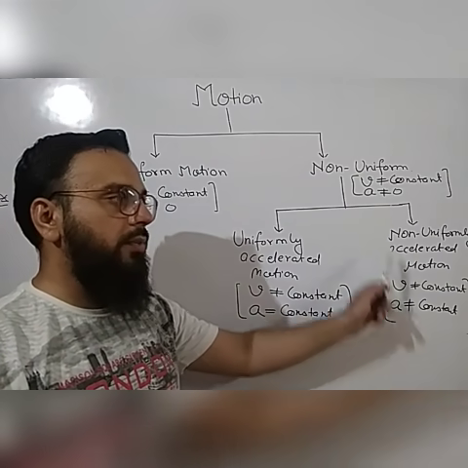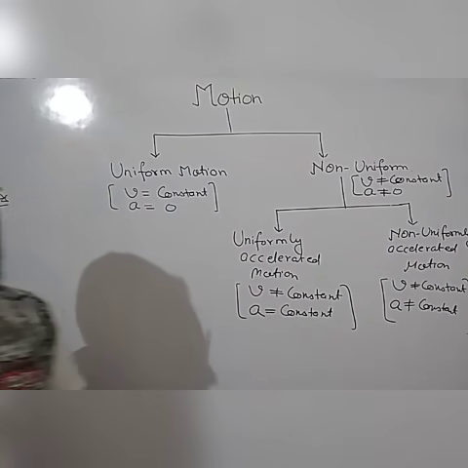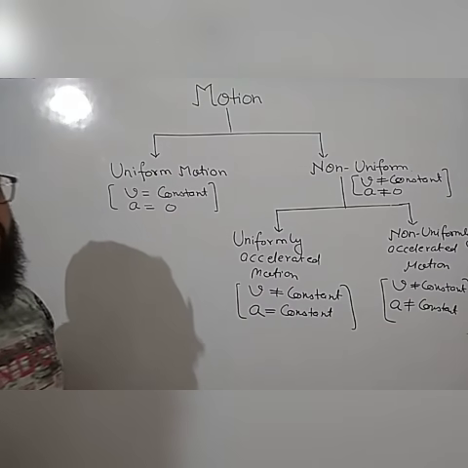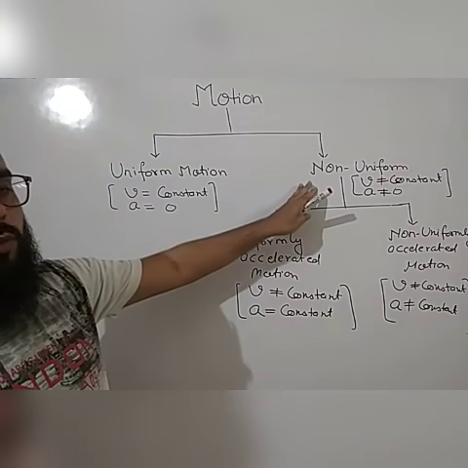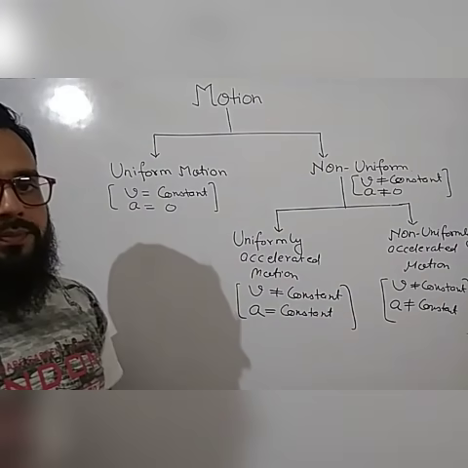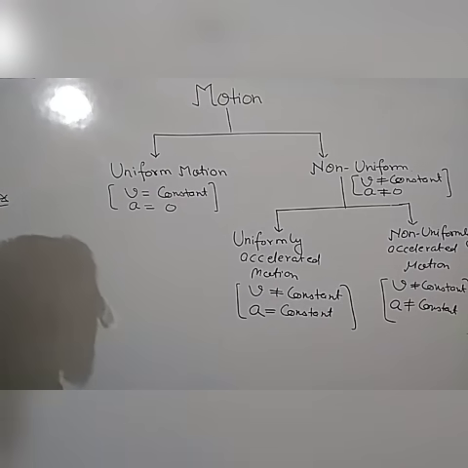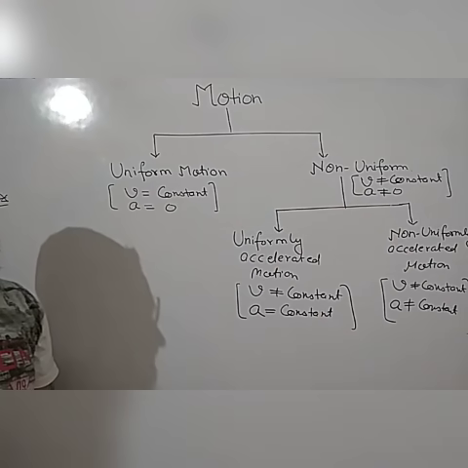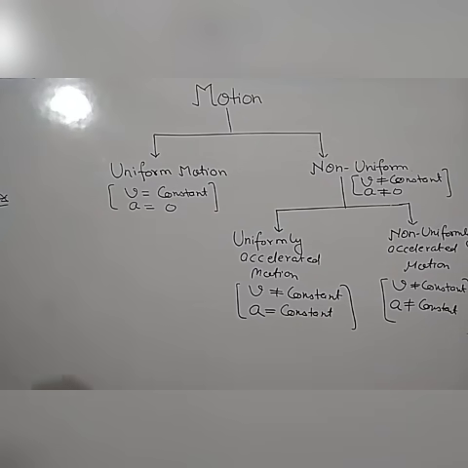Such type of motion will be known as non-uniformly accelerated motion. This is the basic flow chart which you have to remember so that you can define each of the motions in a very simple way. First draw this flow chart, then I am going to discuss each type of motion in detail.